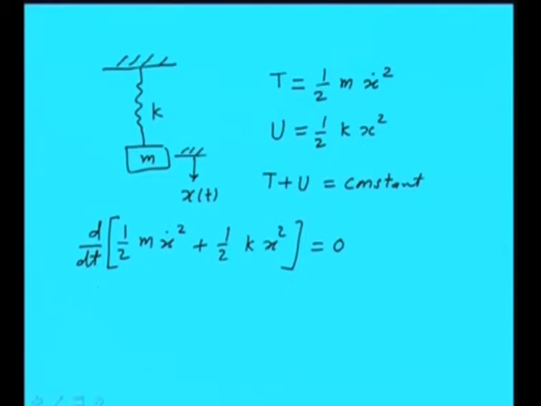So differentiating, this will be m x dot x double dot, because the 2 will cancel, plus k x x dot is equal to 0. You can see that x dot is common, so it goes out, and we are left with the equation of motion of the spring-mass system, which we already derived earlier.